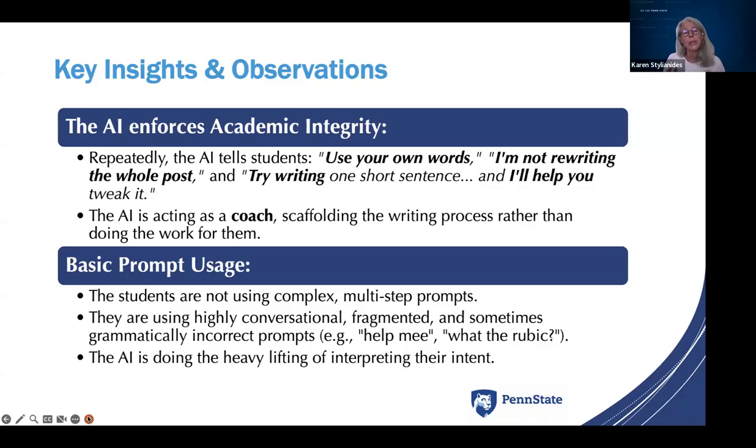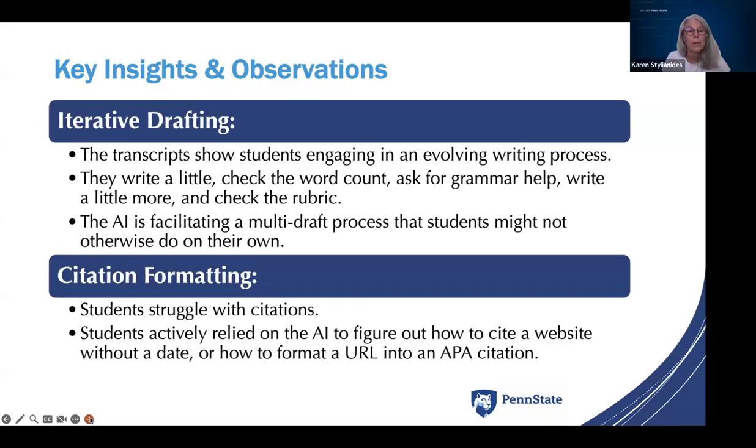But now those lowercase i's are starting to diminish, and I'm not seeing them as much because they're asking Visible AI to check their grammar. Some basic prompt usage, as you can see here, they do use incorrect grammar when they're doing that, but the AI does the heavy lifting and it understands what they're actually saying. Like I see a lot of lowercase i's, like I said, and capitalizations.